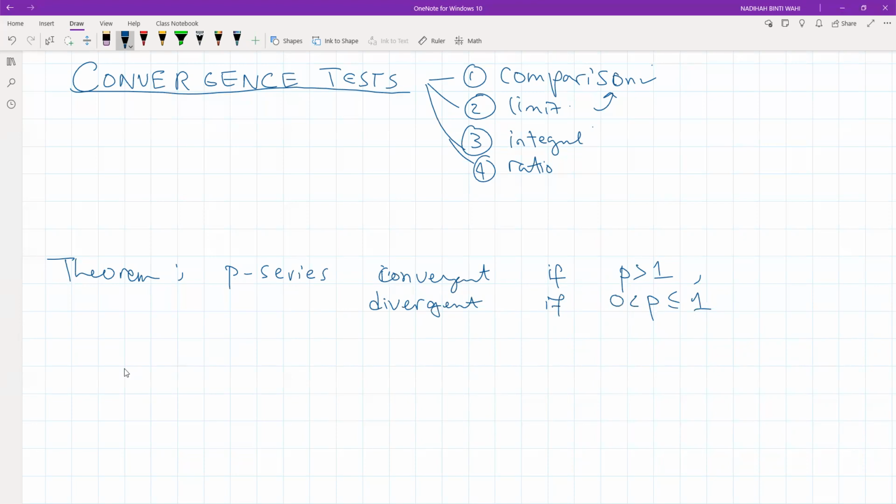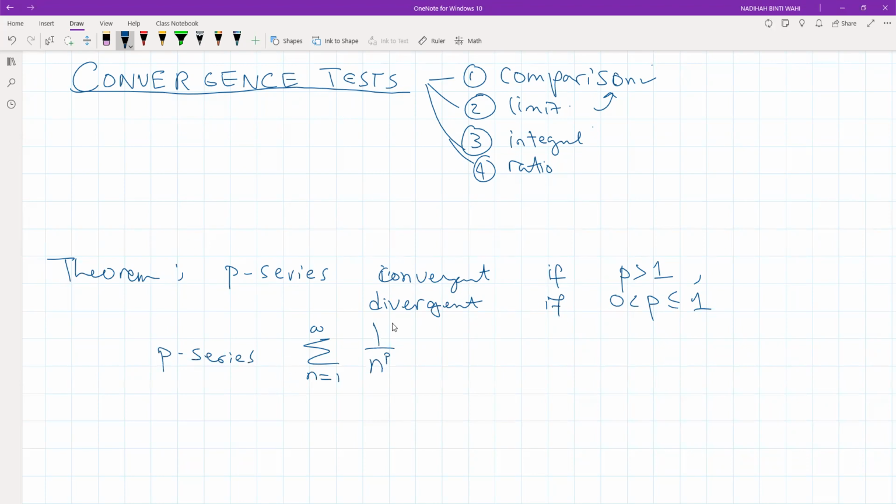Apa maksudnya P series ni? So P series is just summation from n equals to 1 to infinity 1 over n to the power of P.